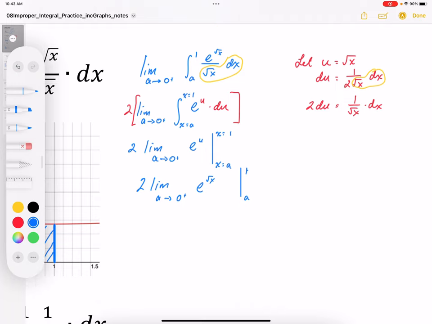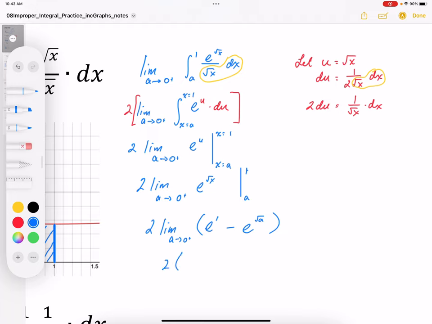And I can then plug in my bounds, limit a approaches 0 from the positive side. This is going to be e to the square root 1 minus e to the square root of a. And then once I've done that, I can now evaluate this limit.